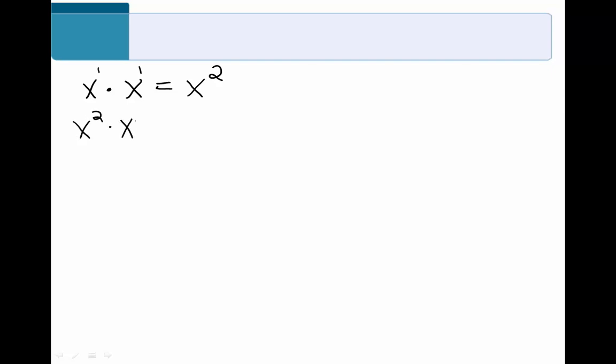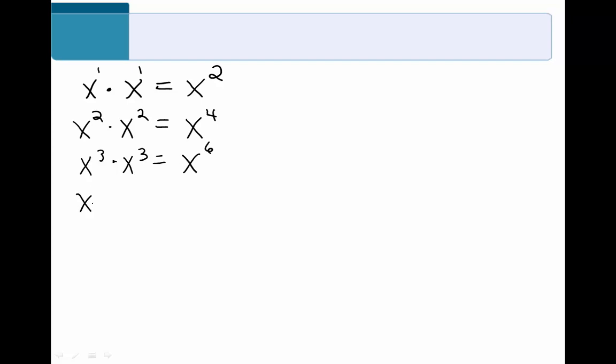X squared multiplied by itself, so we're squaring x squared, is equal to x to the fourth. We know that x cubed squared is equal to x to the sixth.